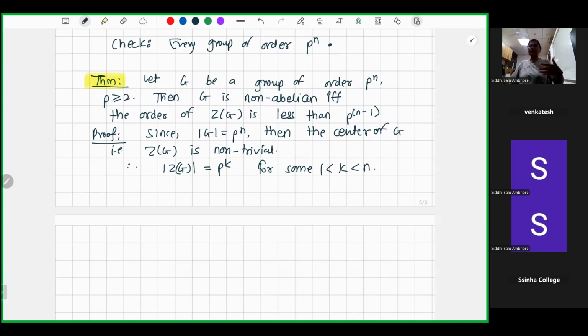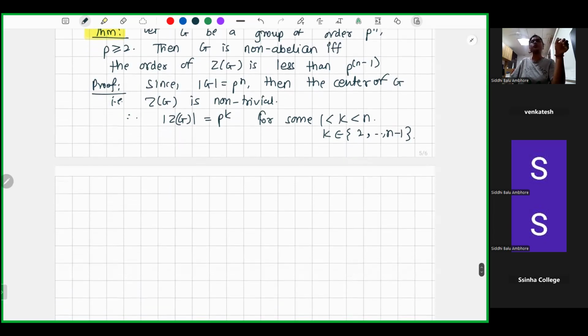Because we are given that G is a non-abelian group, and we have to now find the order of Z(G), what it will be. So it could be p power k, where k belongs to 2 to n minus 1.